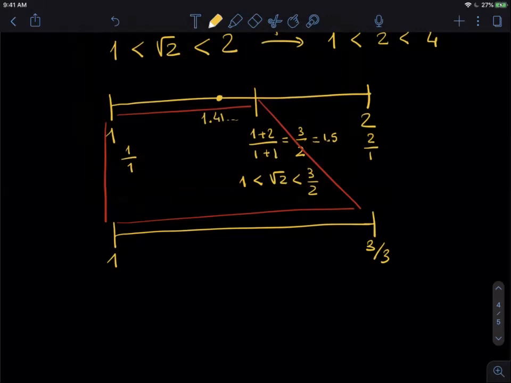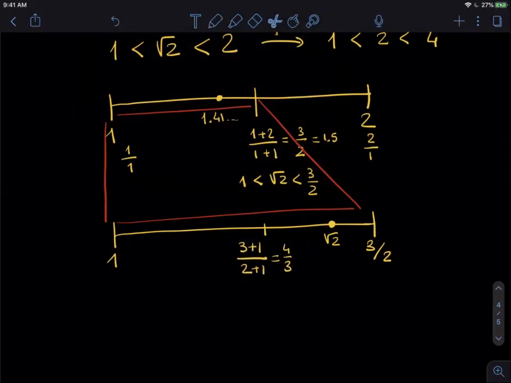And the square root of 2 is somewhere here. What we are going to do is repeat the procedure and find the number in between, which is going to be 3 plus 1 divided by 2 plus 1, so this is 4/3.